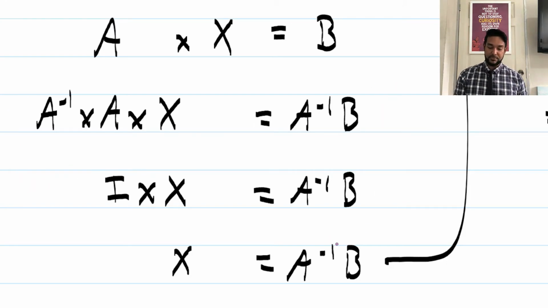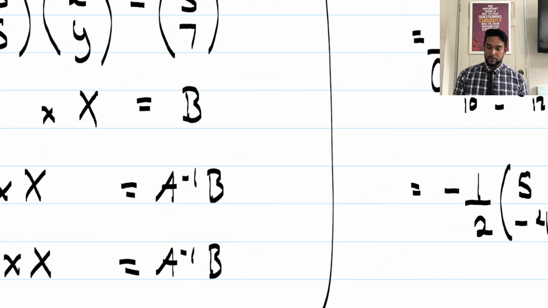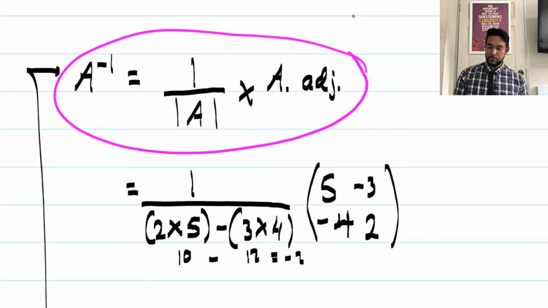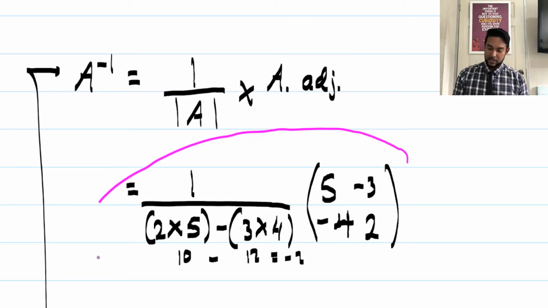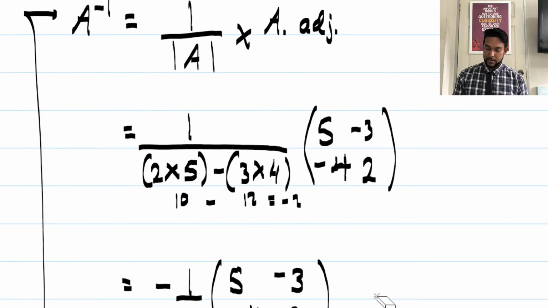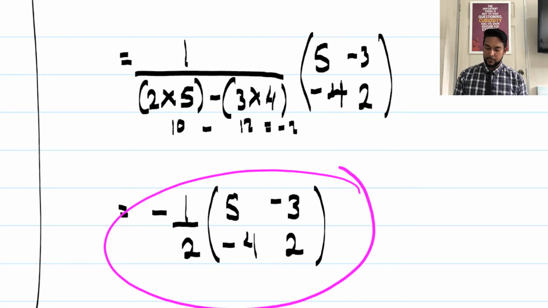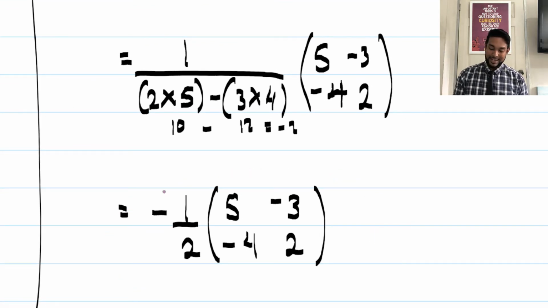So of course it means we have to find A inverse. We know how to find the inverse of a 2 by 2 matrix. We take 1 over the determinant and multiply by the adjoint, which we can see the working for here and a version of it here. Like I said, I prefer to leave the fraction on the outside to facilitate more efficient working below.